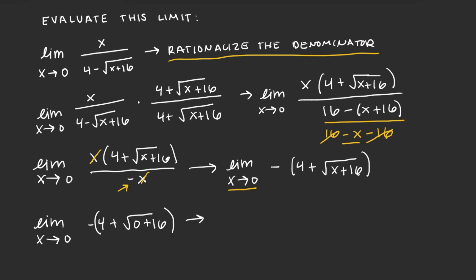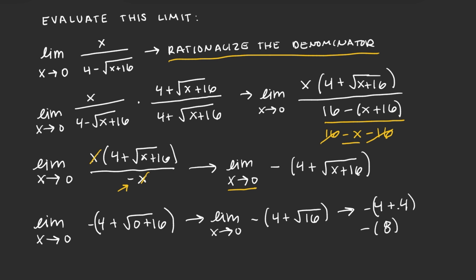And that'll simplify down a bit more to the limit as x approaches 0, negative 4 plus the square root of 16, and that'll simplify down to negative 4 plus 4, which would be negative 8. So the negative 8 is going to be our final answer right here.